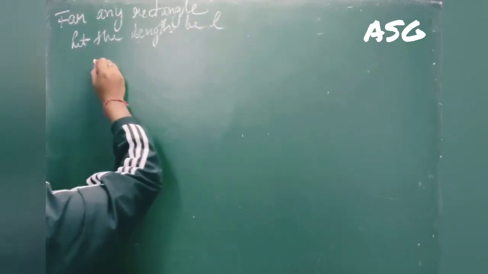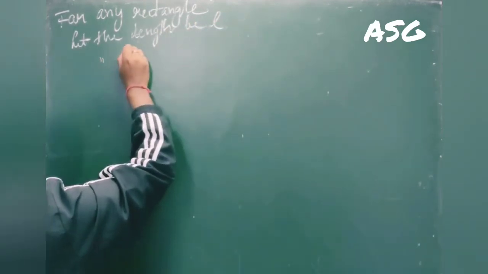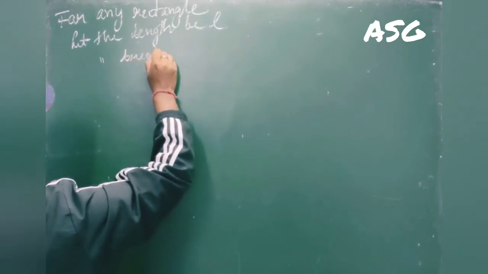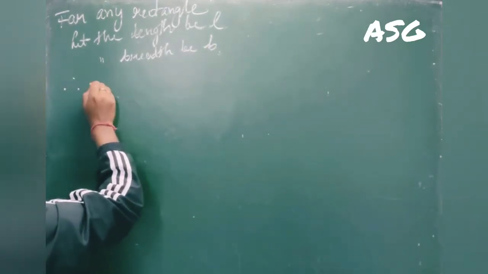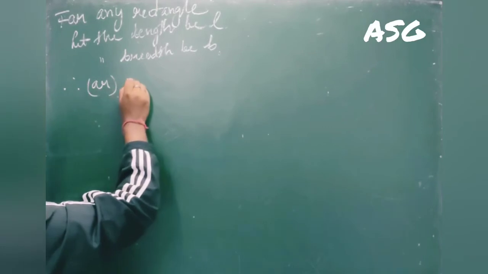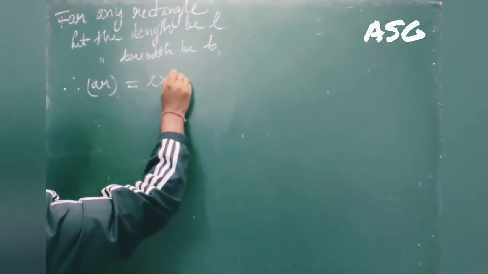And the breadth be B. So length is L, breadth is B. Therefore, your area from the formula is length into breadth.